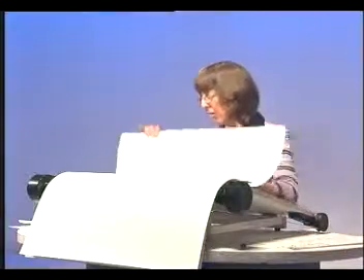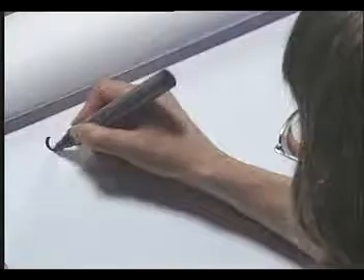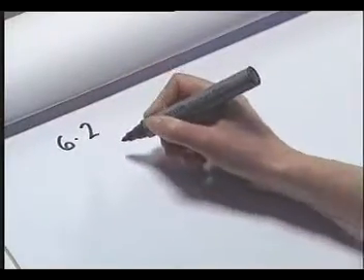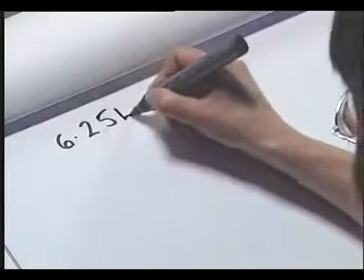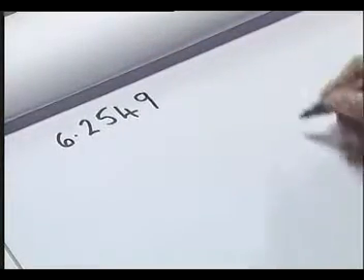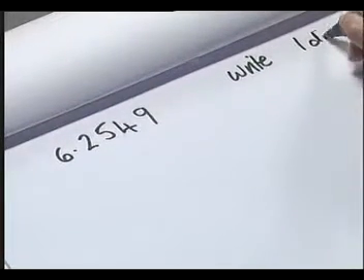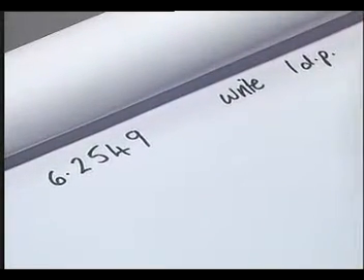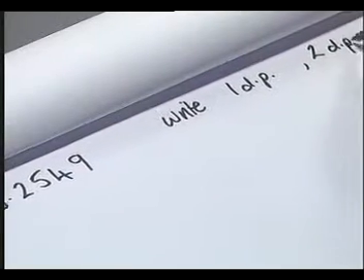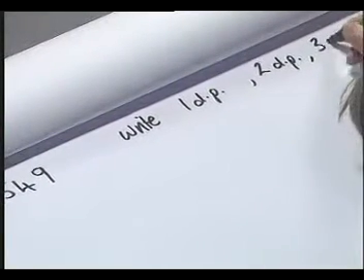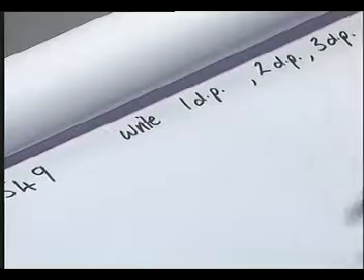Okay, one more example, which we'll actually write to 3 different decimal places. Let's look at 6.2549. We're going to write it to 1 decimal place, then we'll write it to 2 decimal places, and then we'll write it to 3 decimal places.